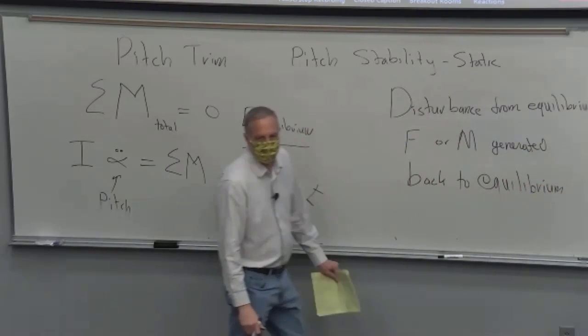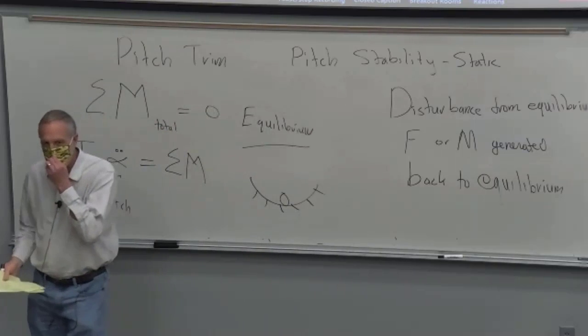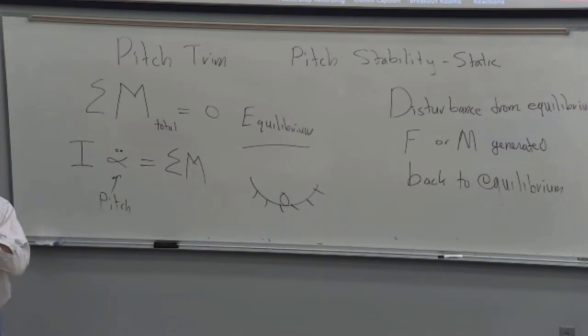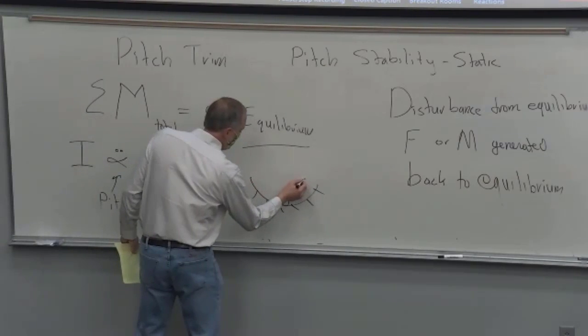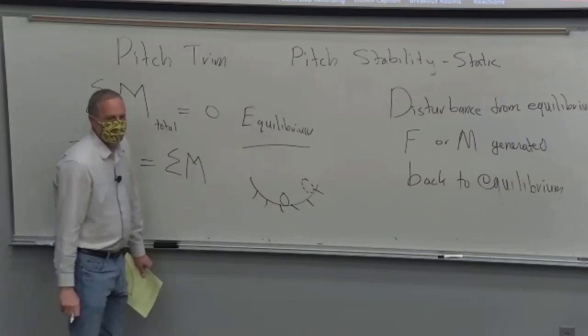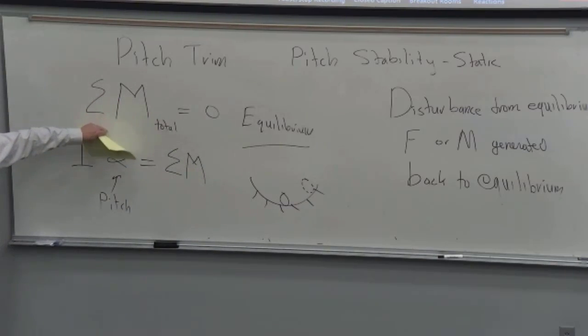Doesn't say that it goes back to equilibrium. That's the dynamic part of it. All this says is that if we have a disturbance, like our ball, that there is a force in that case, or with the airplane, a moment that gets generated that wants to push it back to that equilibrium.